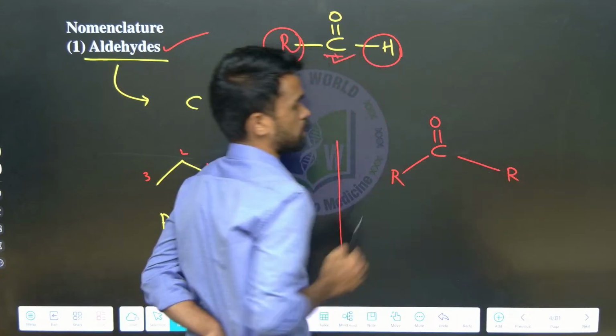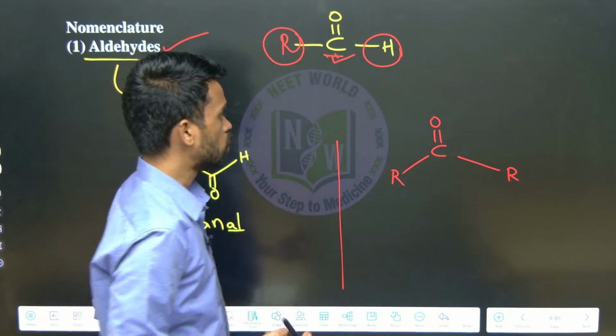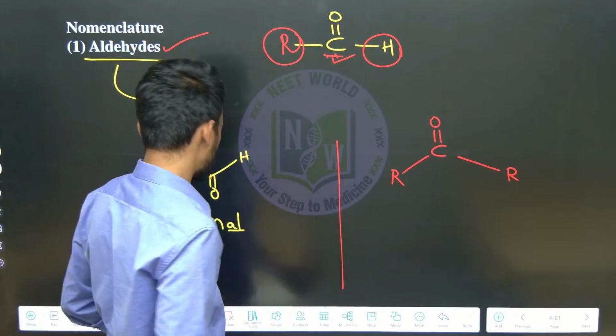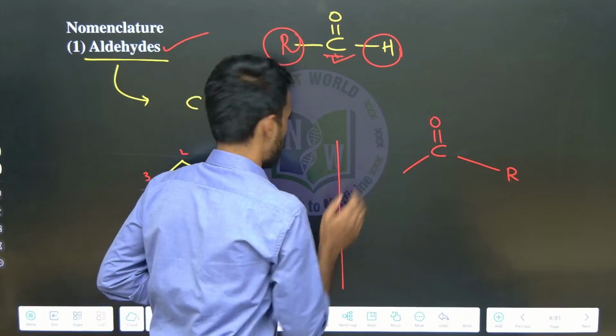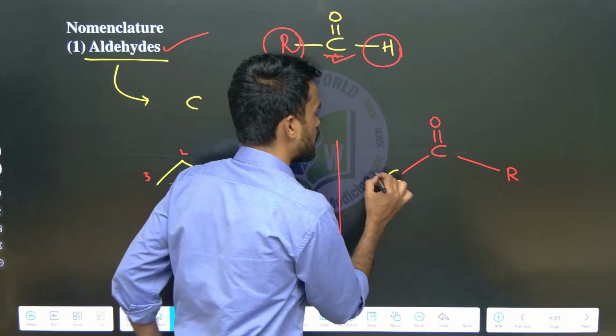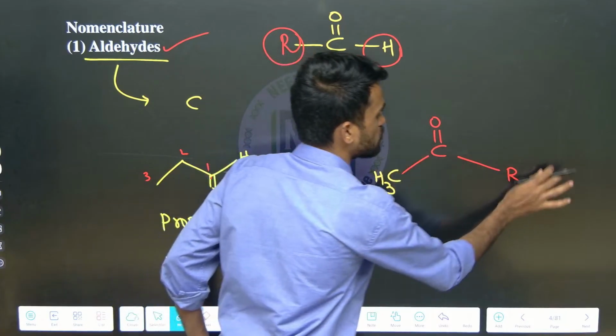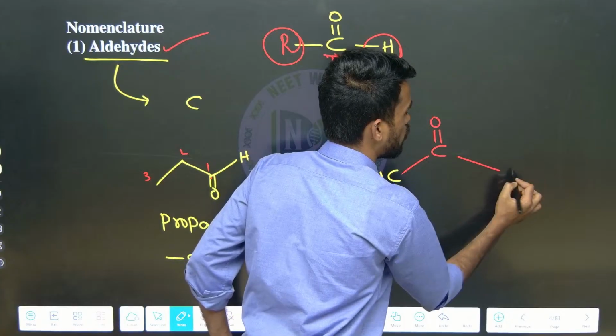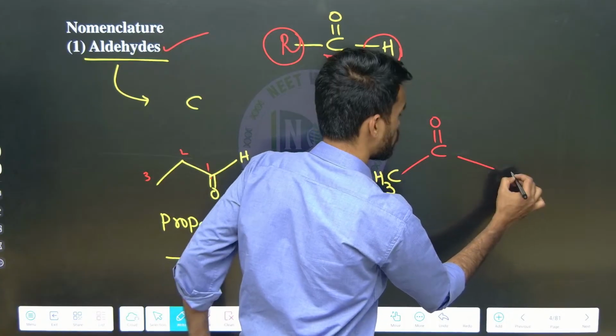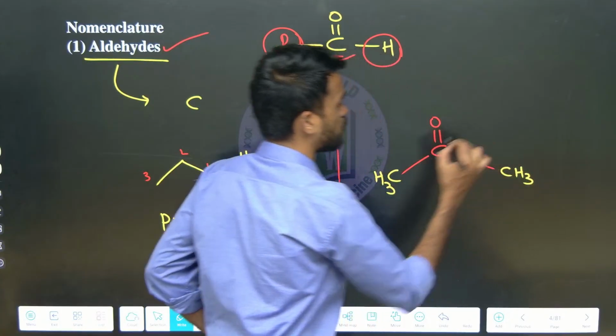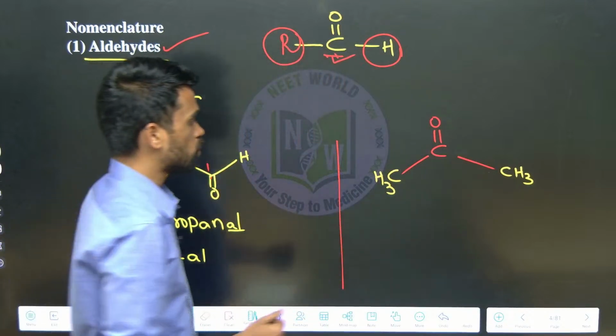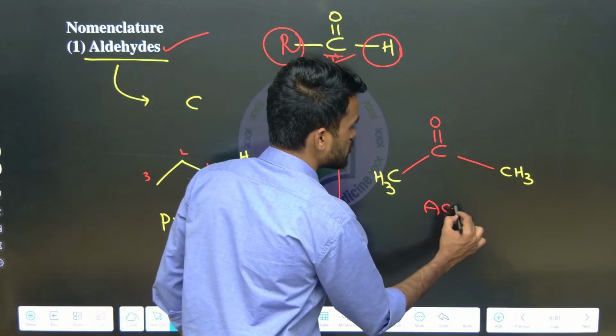Then we can say it is a ketone. What this R indicates is any alkyl group, like a methyl group. If both sides we have only methyls, the name of this compound is acetone. Acetone is a common name.